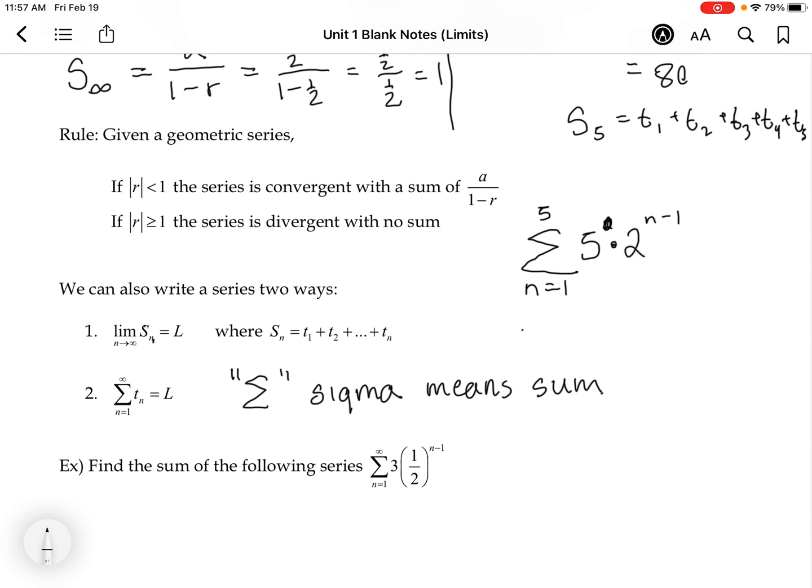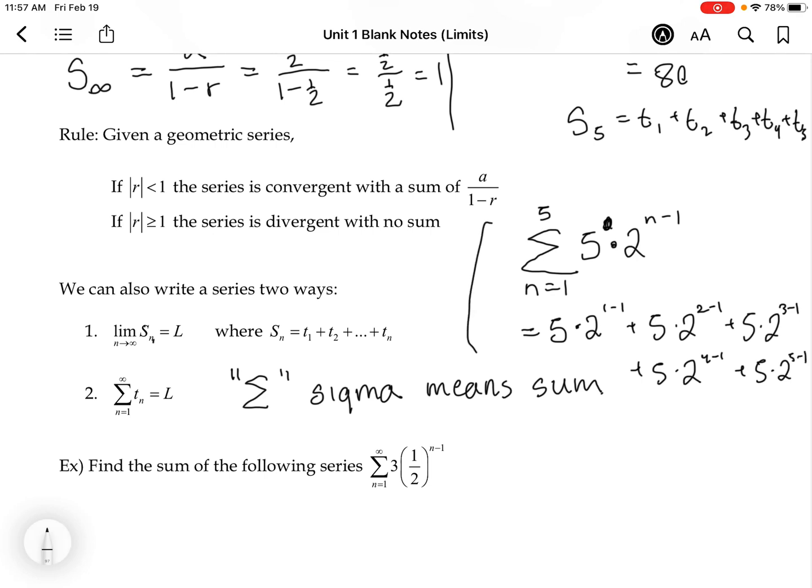Okay, so what this is going to equal is 5 times 2 to the 1 minus 1, plus 5 times 2 to the 2 minus 1, plus 5 times 2 to the 3 minus 1, plus 5 times 2 to the 4 minus 1, plus 5 times 2 to the 5 minus 1.